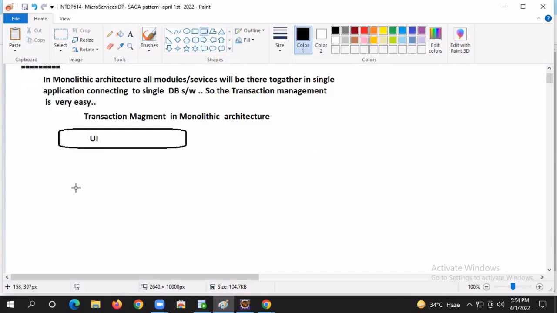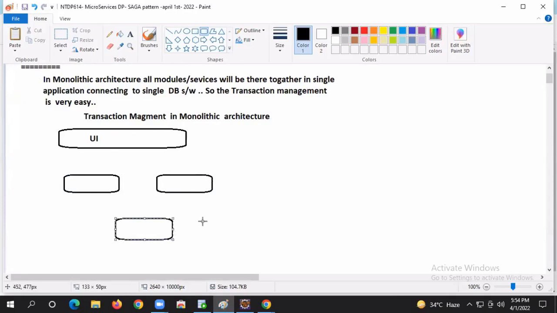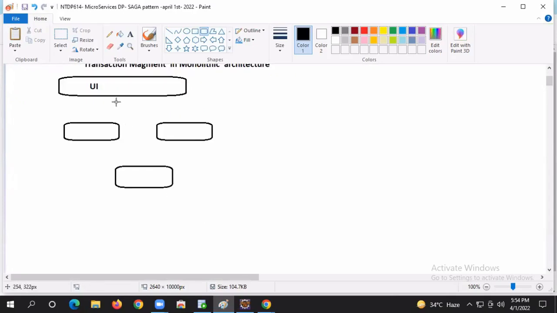There we have different modules, guys: inventory, payment, order. All these are services acting as modules. There is one more module called recommendations.